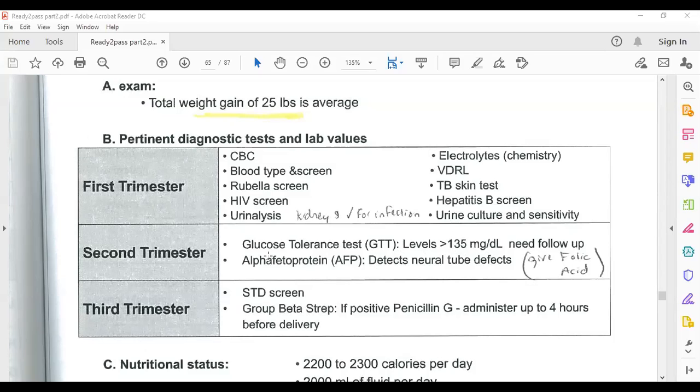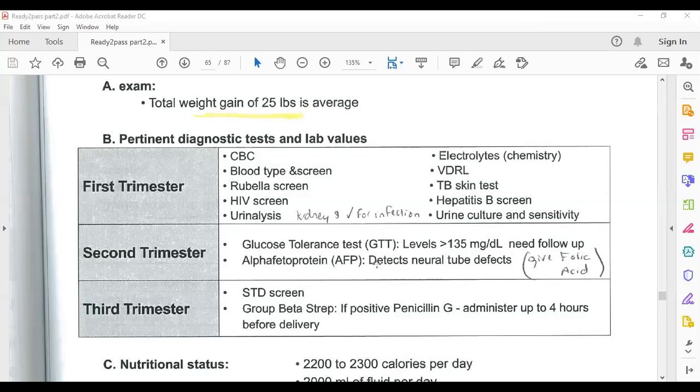Other most important tests are maternal serum alpha fetoprotein, shortly called AFP.